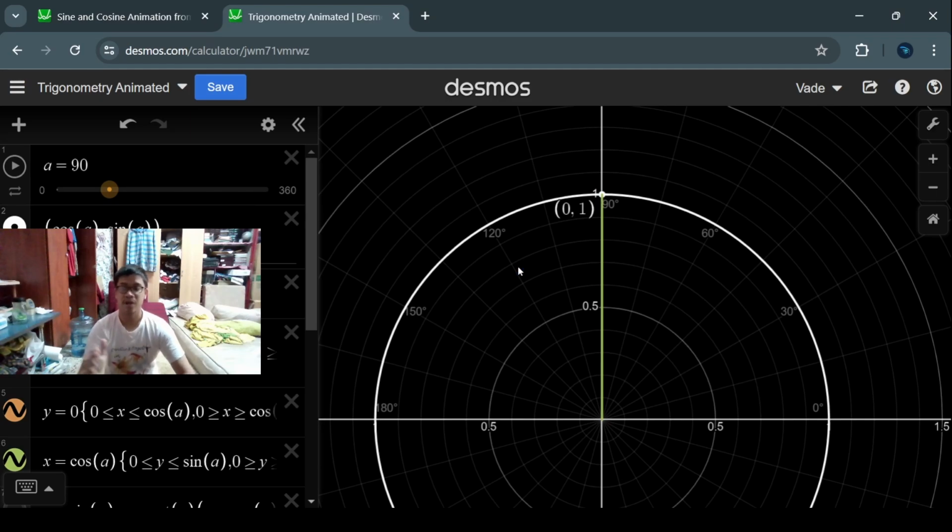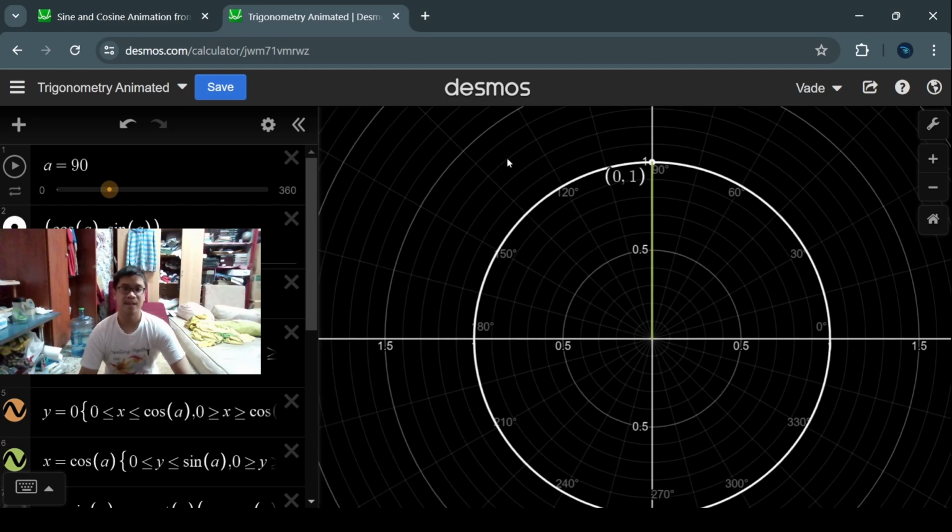So here at 90 degrees, your cosine is 0. Cosine 90 degrees is 0. Then sine of 90 degrees is 1. All right. So I think you get the visuals here. But here's the thing though. How is it even related to the graph of a sine or cosine?